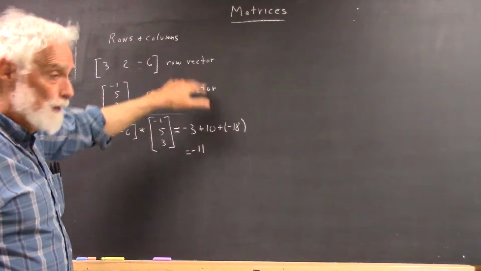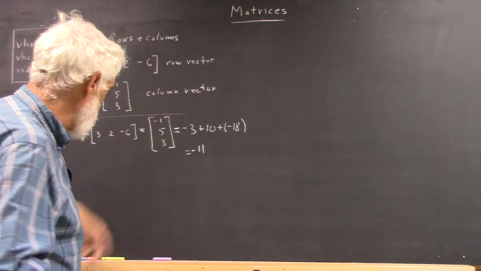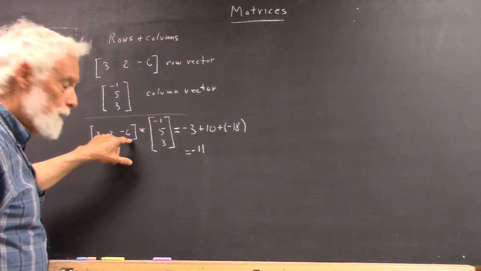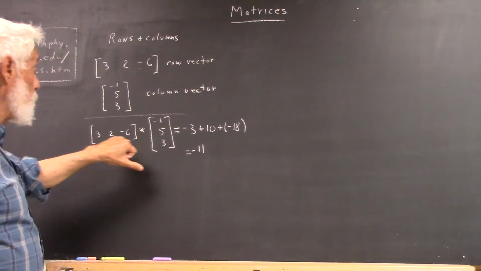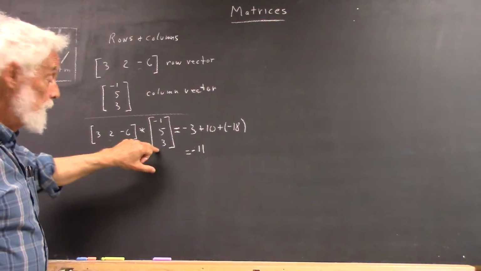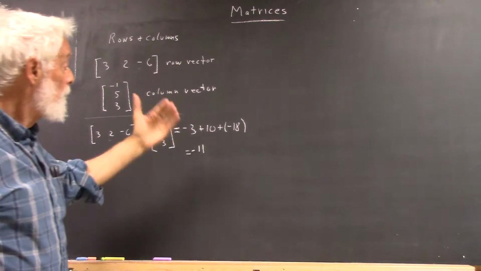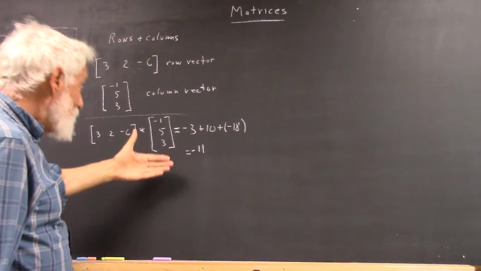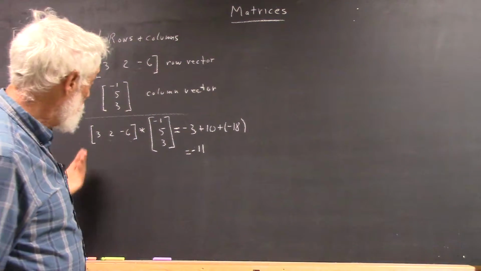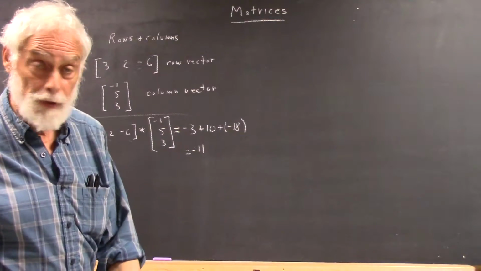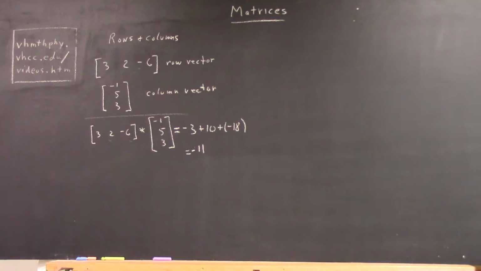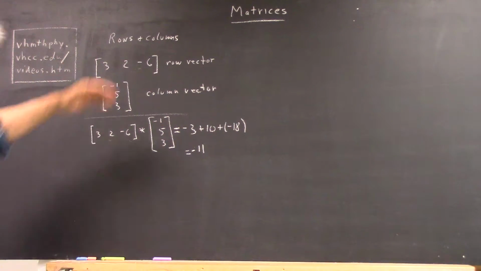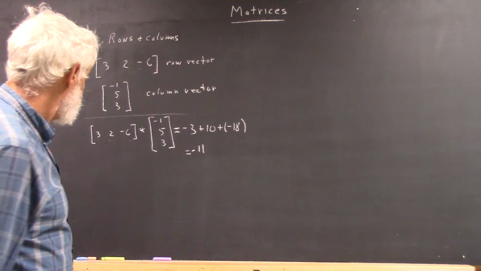Length not being the length of a vector, Pythagorean theorem and all that, but the number of elements. Okay, so I've got 1, 2, 3 numbers here. I've got 3 numbers here. I can match them up and do this. If I had 3 numbers here and 4 numbers here, the 4th number wouldn't have anything to match up with. It wouldn't make any sense to do this operation. Okay, so that's rows and columns.